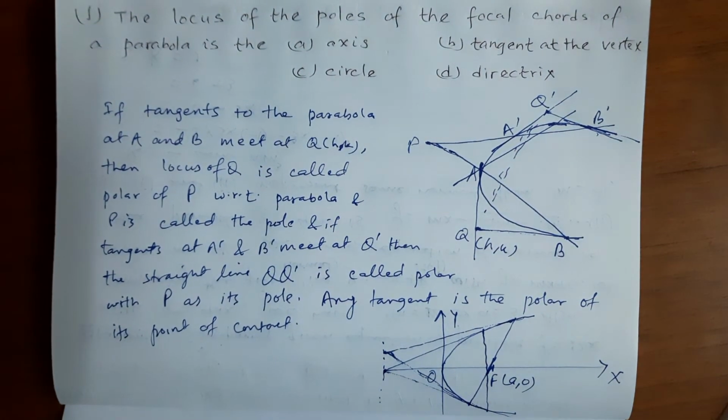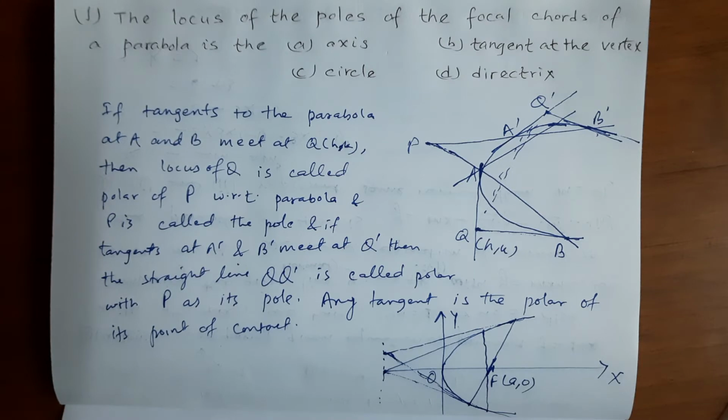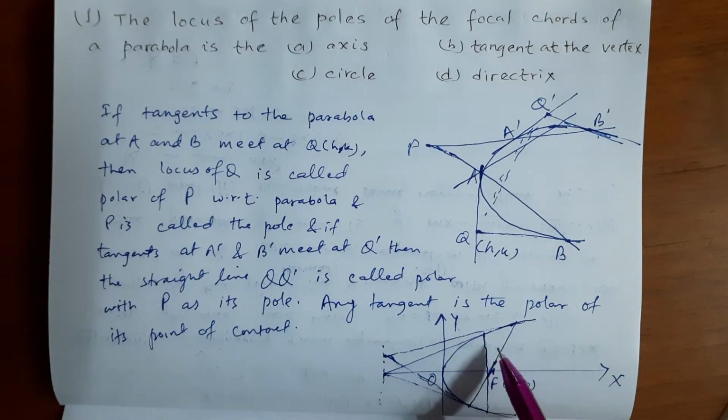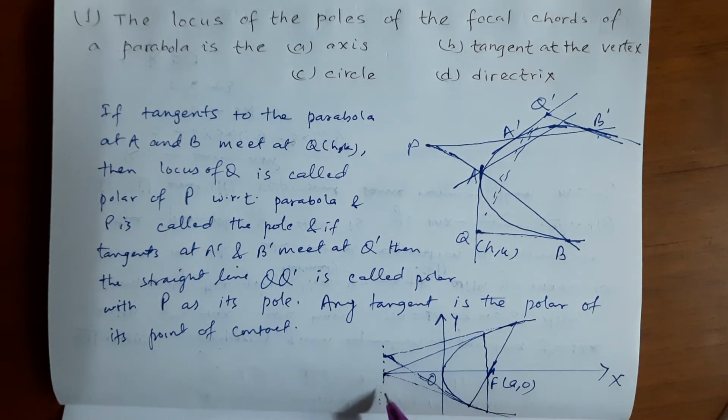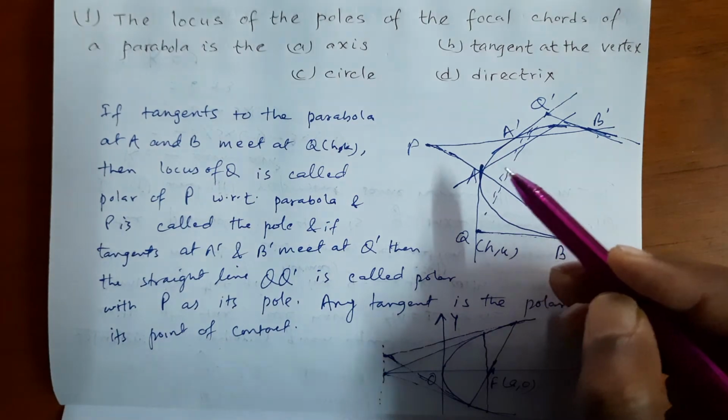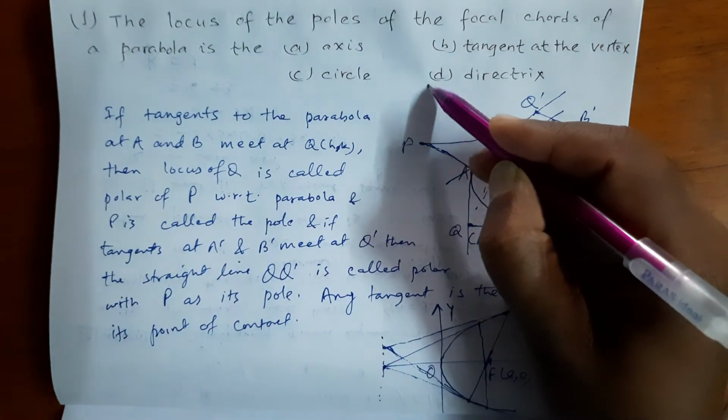While solving problems also we have found that the tangents at the extremities of the focal chord meet at the directrix. So the poles of the focal chord of the parabola lie on the directrix. So the correct option is D.